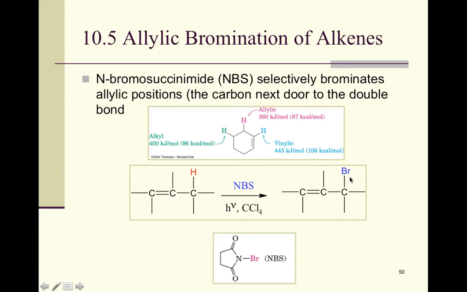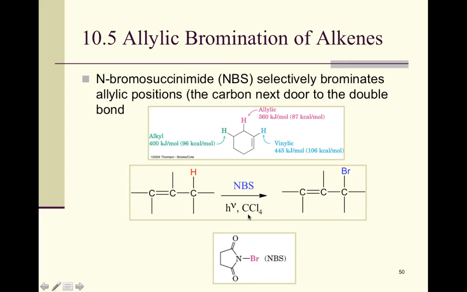Take a look. It substitutes on the allylic position. If you want to know what NBS looks like, this is its structure here. You might want to add that to your group of functional groups that you need to know. But when you write the reaction, just simply put NBS over the arrow, but don't forget to put our hν and CCl4.